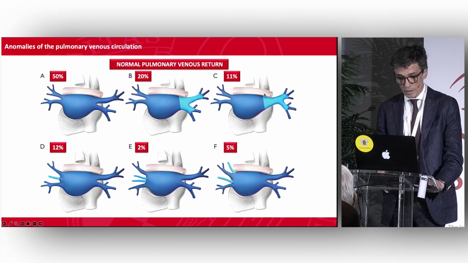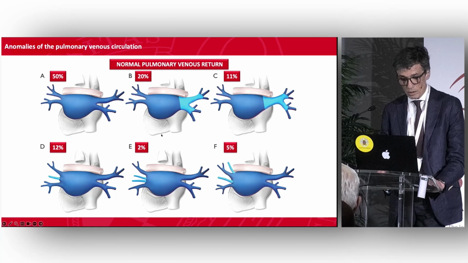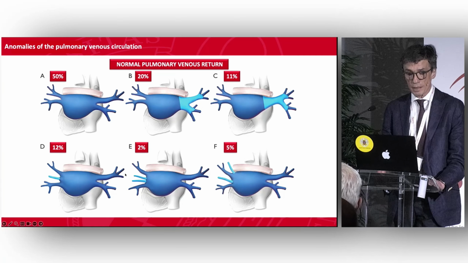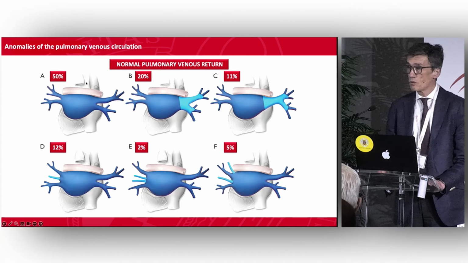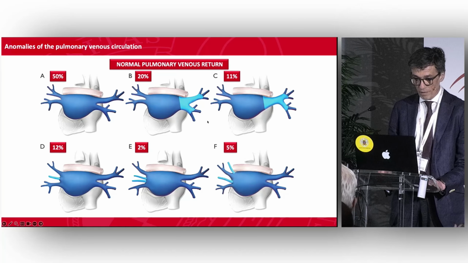In 11% of the cases, there is a narrow but longer connection of both pulmonary veins, and in up to 20% of the cases, there are additional pulmonary veins coming from the left lung. So only 50% of the people inside this room have only 4 pulmonary veins. Many people have 3 pulmonary veins, and many have more than 4.